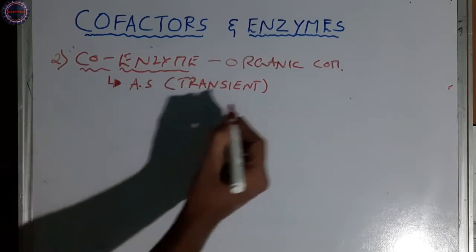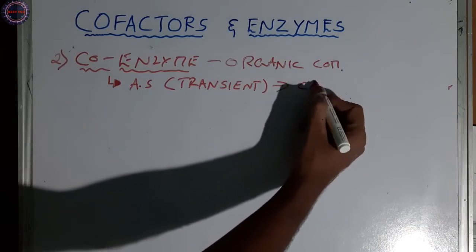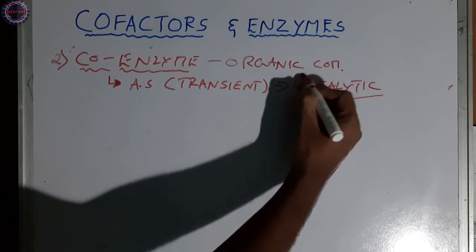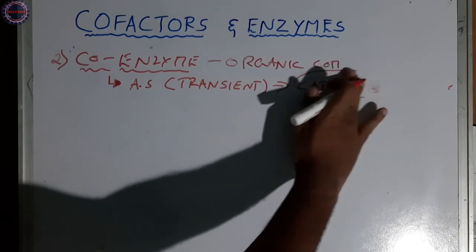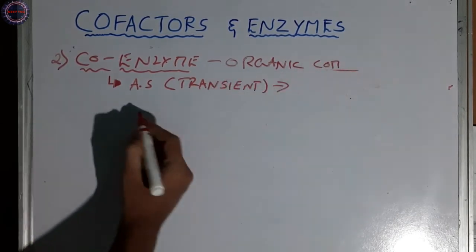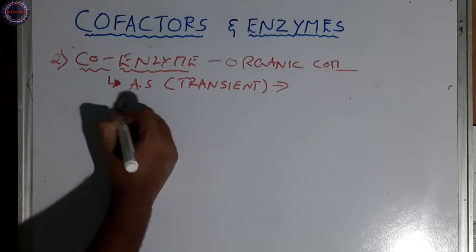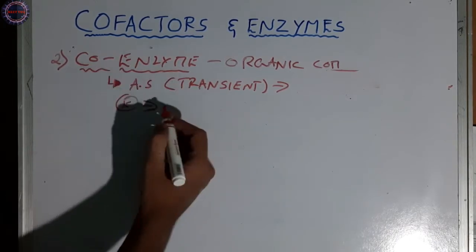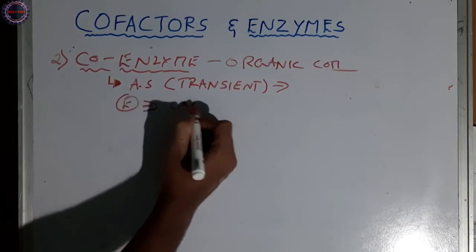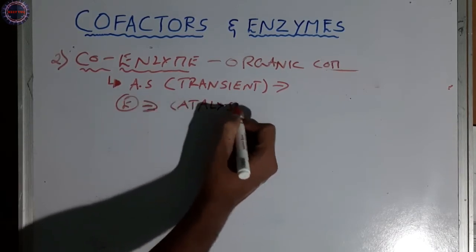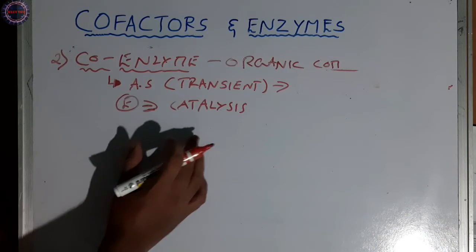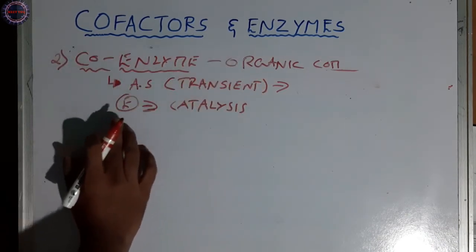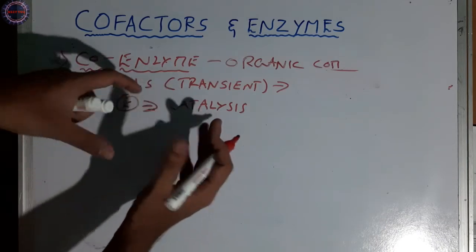Why? Only when the enzyme is bringing about a chemical reaction, that is catalysis. I think I should erase this. I'll write here. When the reaction is going on, this organic compound, the coenzyme, will bind to the enzyme, and now the enzyme is active and ultimately the reaction is completed.